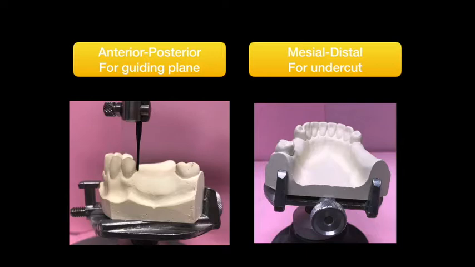Ideally, they should be parallel to each other. Remember, we should have a guide plane on the teeth next to the edentulous area. So they will be on the 18 mesial, 21 distal, and 28 mesial. And when you tilt the cast mesio-distally, you will change your undercut location.